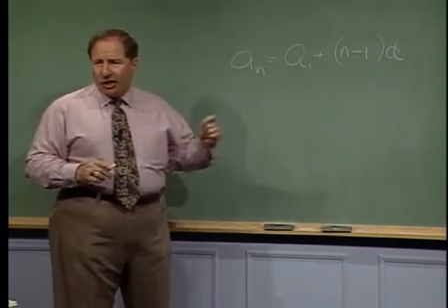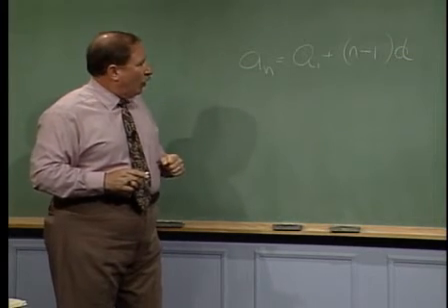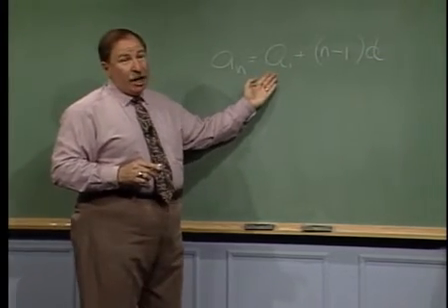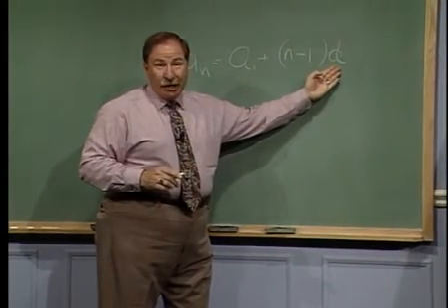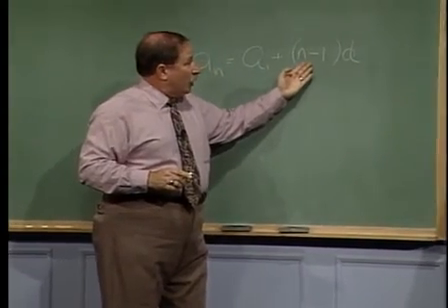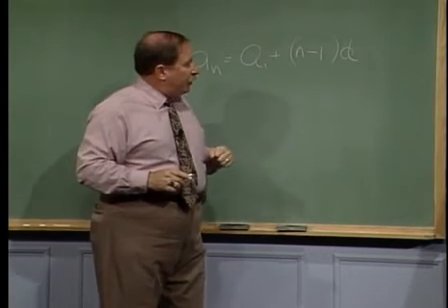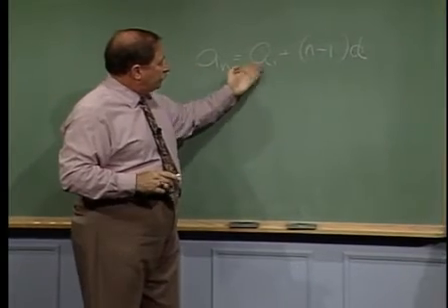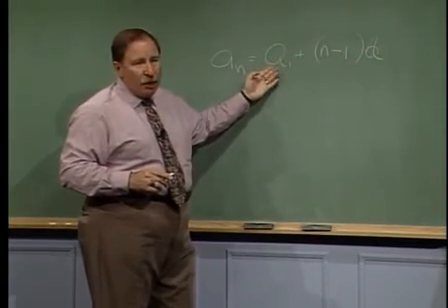That would be 8 6-month periods. All we'd say is A1 is their starting hourly rate. The difference is 10 cents. And n minus 1 would be the 7 raises they would have received after 8 periods. So 7 times the common difference. In other words, they'd be getting 70 cents an hour more than when they started.